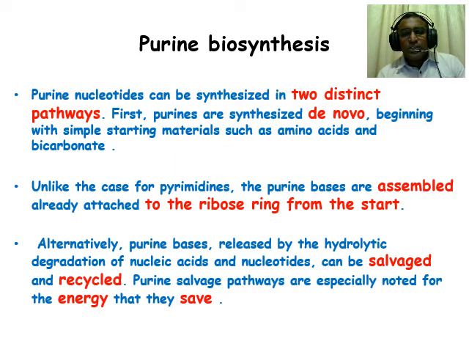So just to highlight again the fact that it's possible to make purine either by the de novo pathway as well as the salvage pathway.